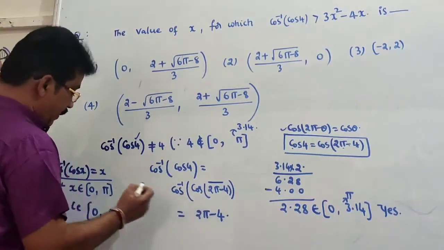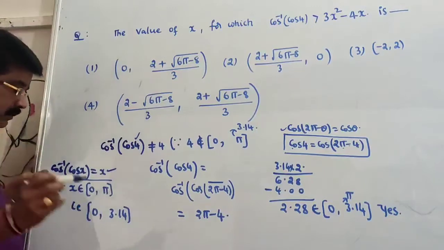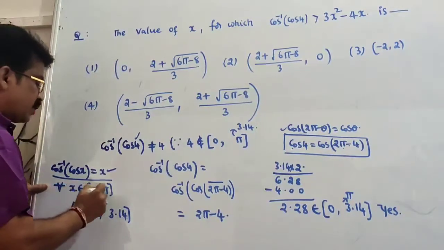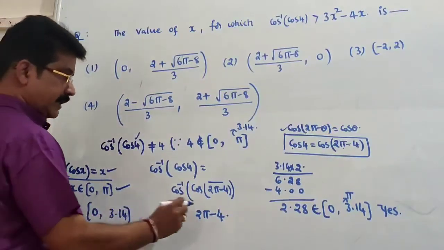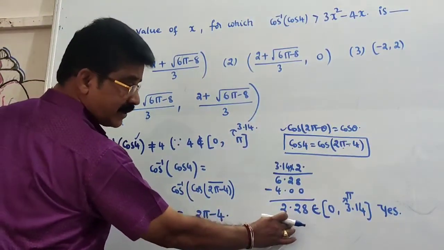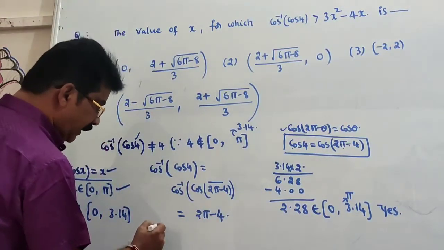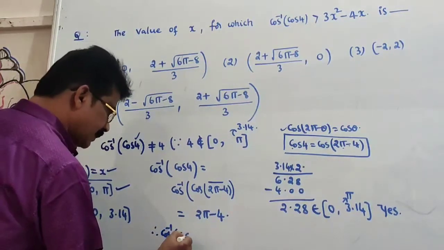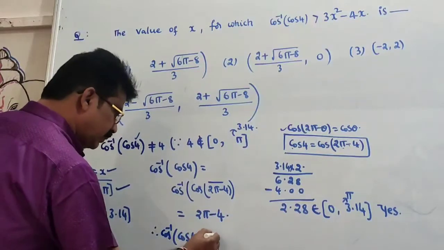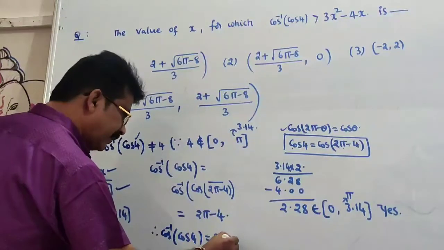Before writing x, we have to verify whether x belongs to the closed interval of 0 comma pi or not. Yes, this is the verification. So cos inverse of cos 4 equals simply 2 pi minus 4.